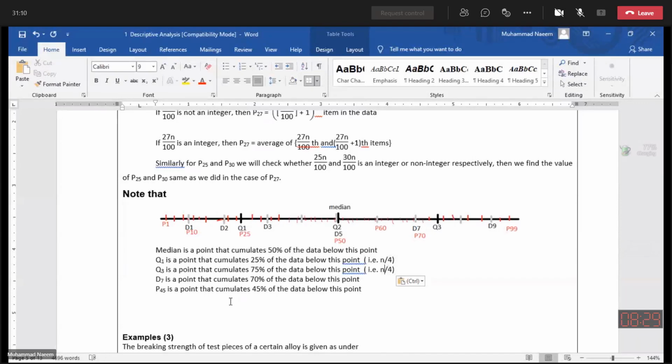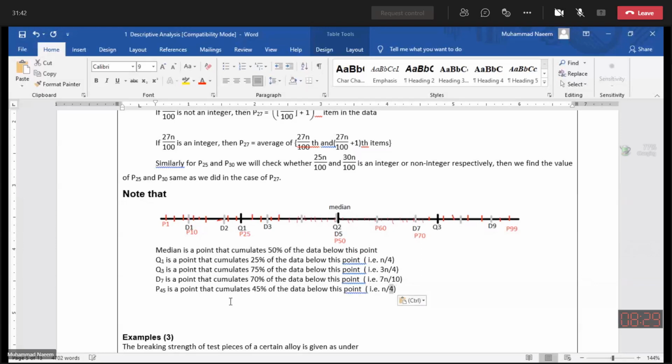For Q3, this ratio will be 3n by 4. For D7, this ratio will be 7n by 10. n by 10 is a 10th part, and 7 times a 10th part means 70% of the data.